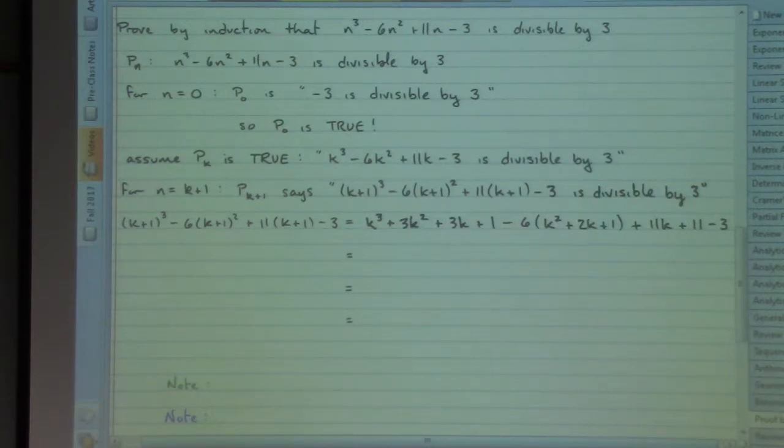Let's distribute that negative 6. So k to the power of 3 plus 3k squared plus 3k plus 1 minus 6k squared minus 12k minus 6 plus 11k plus 11 minus 3.